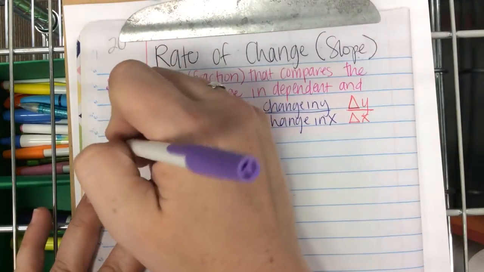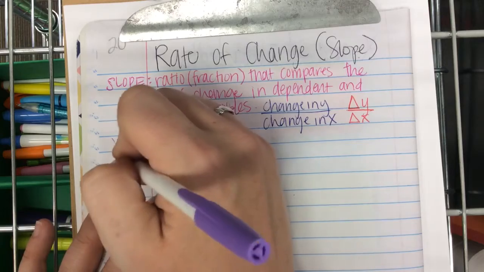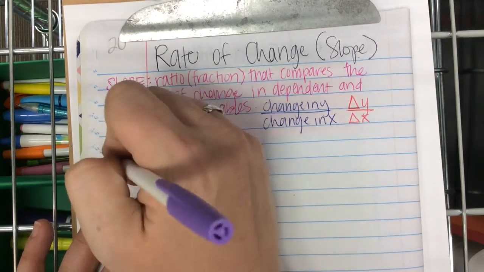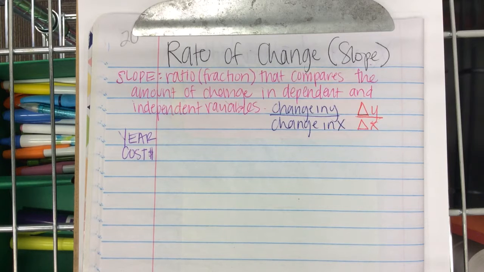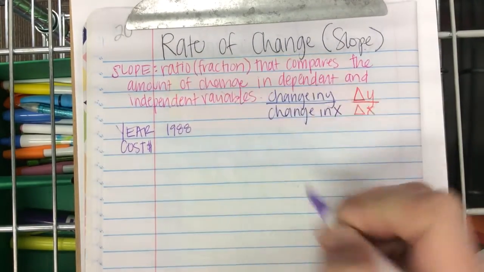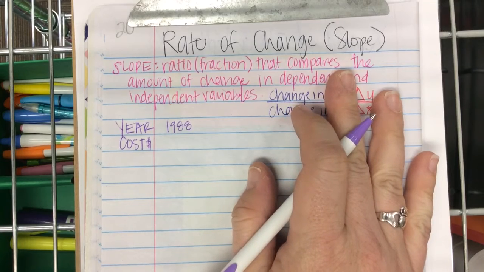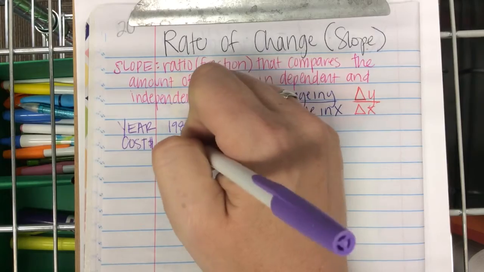So let's make this table really quickly. So we've got years and we've got costs. In 1988, the cost was $25.